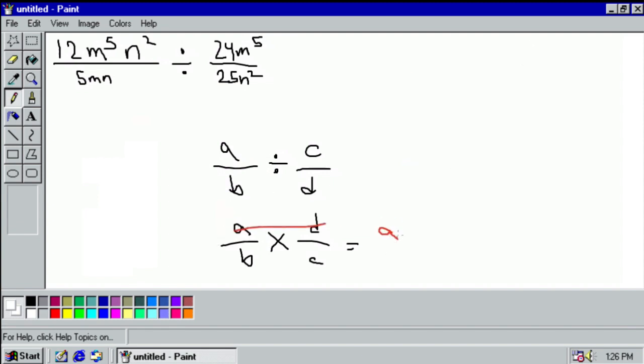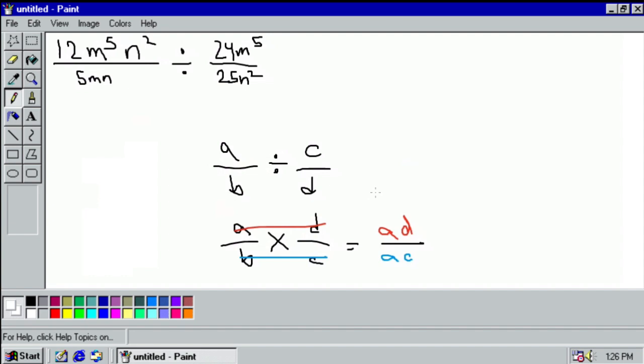So we have AD over AC. If you don't know how to multiply fractions or multiply rational expressions, I have a link on that below.